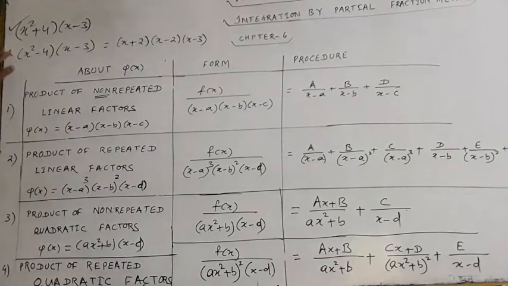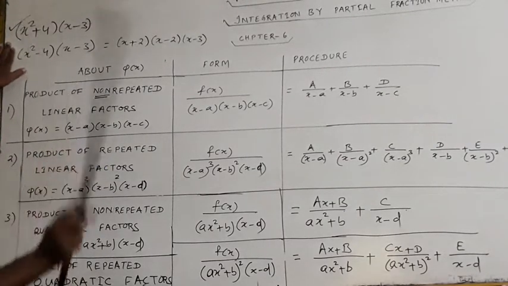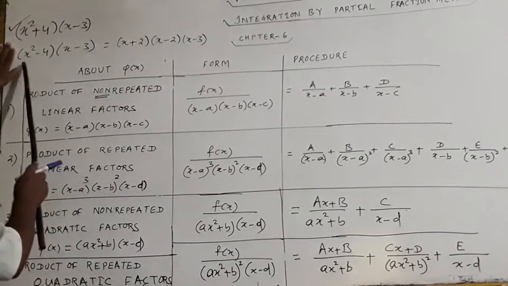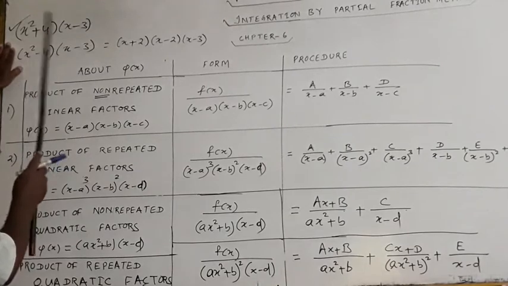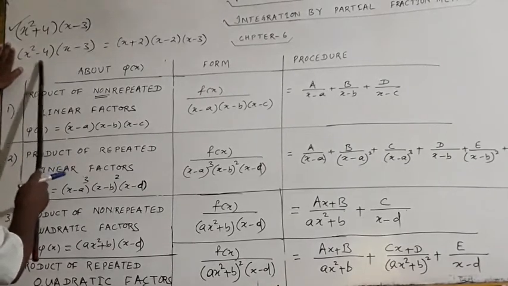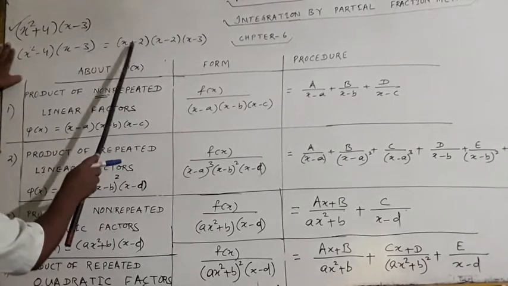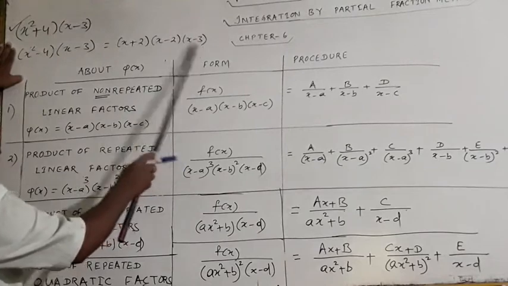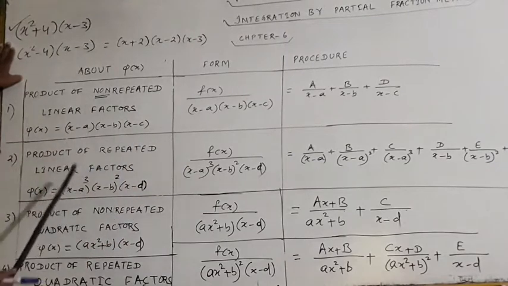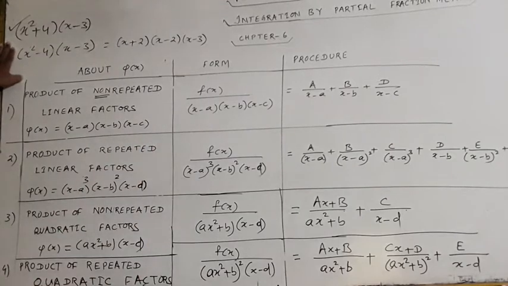If you ask me, sir, is it non-repeated quadratic? No, certainly not. Why? Because this is not the case for non-repeated quadratic, because I can factorize this term to make it in the form x plus 2 into x minus 2. Okay, this becomes non-repeated linear.